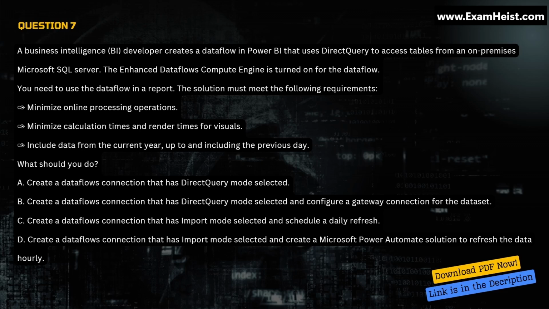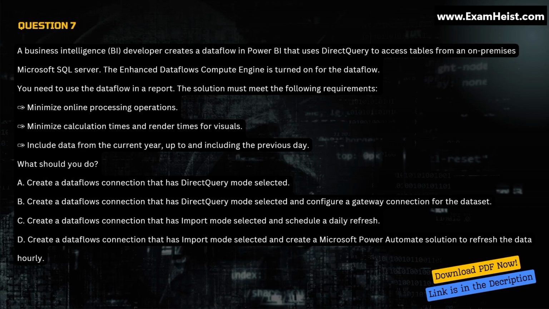What should you do? A. Create a data flows connection that has direct query mode selected. B. Create a data flows connection that has direct query mode selected and configure a gateway connection for the dataset. C. Create a data flows connection that has import mode selected and schedule a daily refresh.